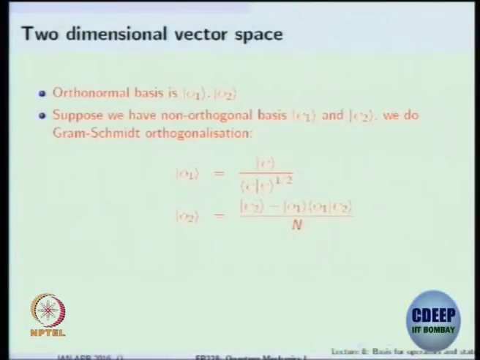So, if you remember, we had two bases in the last lecture. One was an orthonormal basis and the other one was a non-orthogonal basis, right. So, let me just proceed with this example.